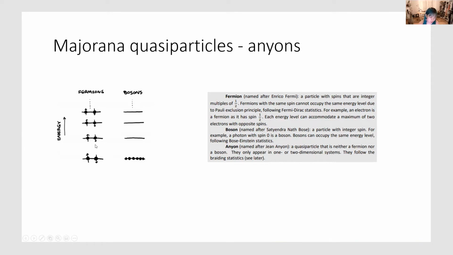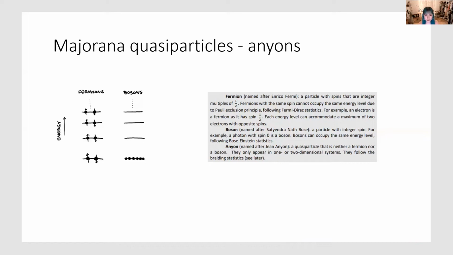So they follow this statistics. They will occupy the energy levels one by one, separately. But bosons can occupy the same energy level. So you may have heard of the term Bose-Einstein condensate, where you can condense all of the bosons into the same lowest ground energy.